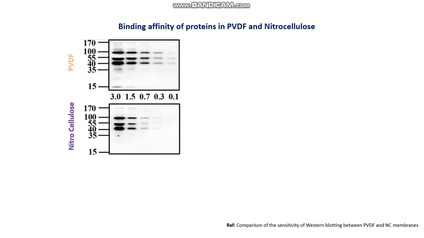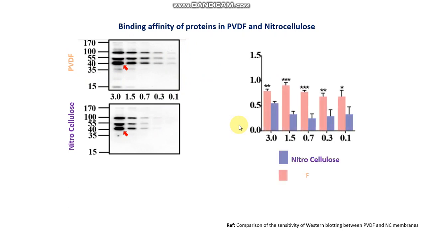Here I summarize two different membranes, where I can see the higher binding in the PVDF. The same protein sample ran in these two different membranes, but you can see that for the PVDF, it has the higher binding affinity.